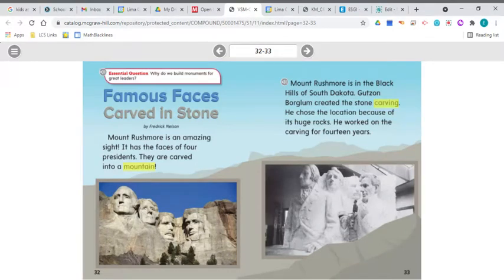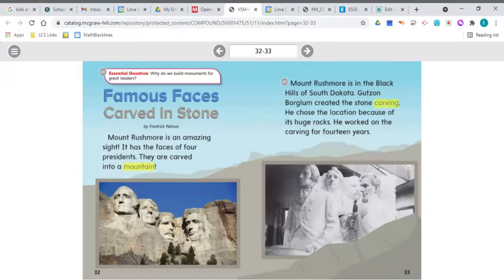Now, let's stop right here and talk about page 32 and 33 about what could the main idea be on these 2 pages. Maybe that Mount Rushmore is an amazing sight, right? That's what it starts out with. That's the very first sentence of the text. Mount Rushmore is an amazing sight. And then the rest of these 2 pages tell you more about Mount Rushmore.